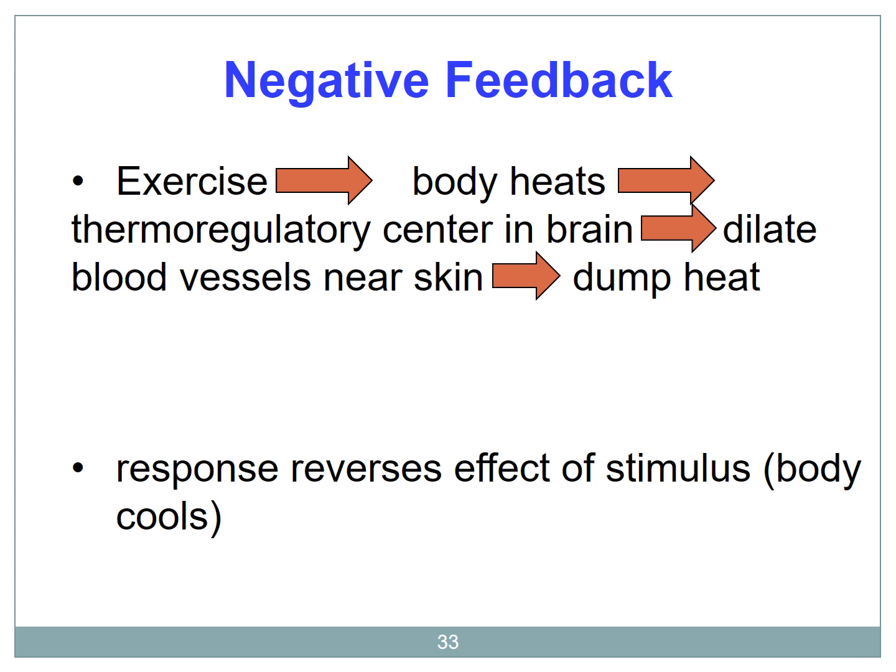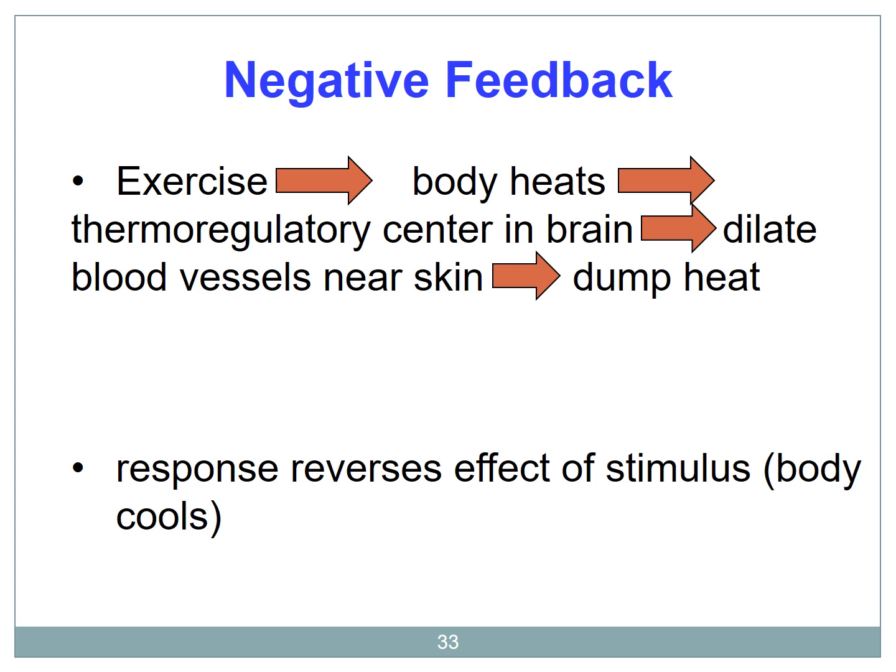So another example would be control of body temperature. You start exercising, your body starts to heat up, there's sensory receptors in your skin, right, throughout your body. They send information to the thermoregulatory center in the brain. And there's a couple things that occur.